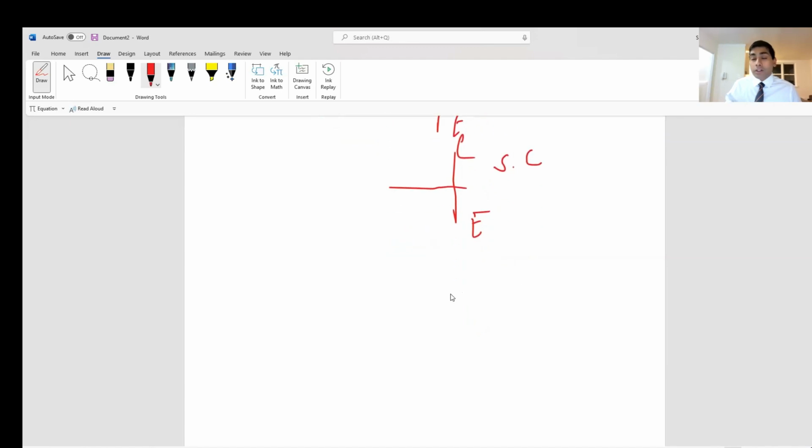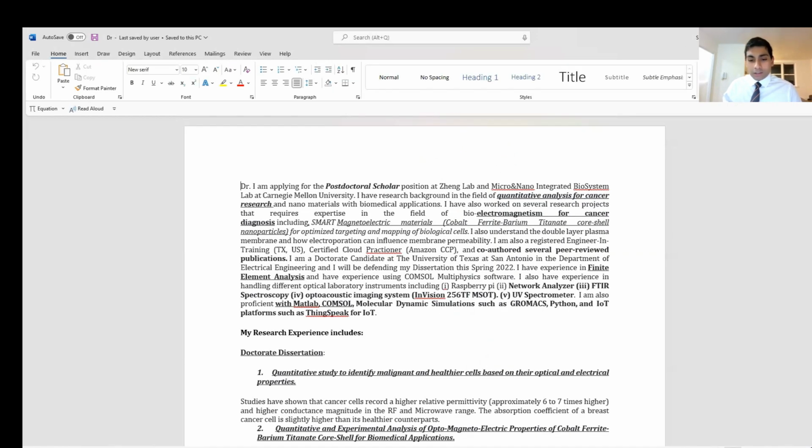But if you're wondering what would be in the active region, it's almost like a resistor. Okay, so between collector and emitter, it's like this, a resistor. Okay, so I think that is the thing here.